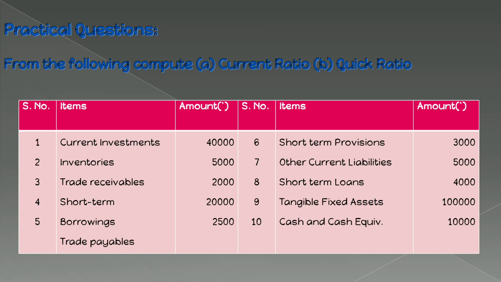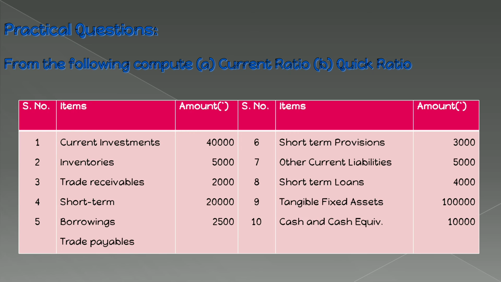Which ratio? Current ratio. For this we need to know the formula first. What is the formula for current ratio? Fine. Current assets by current liability. So what will be the figure of current assets?